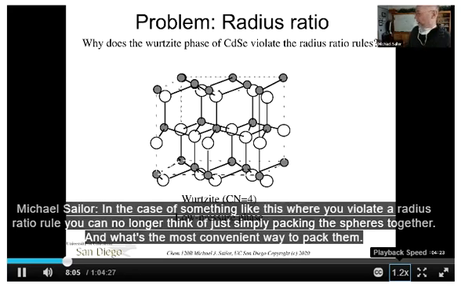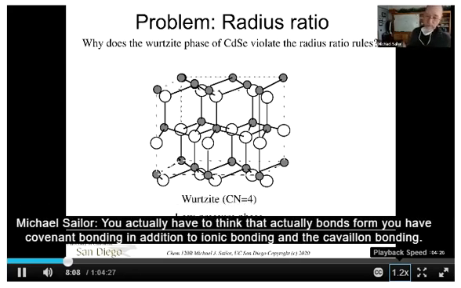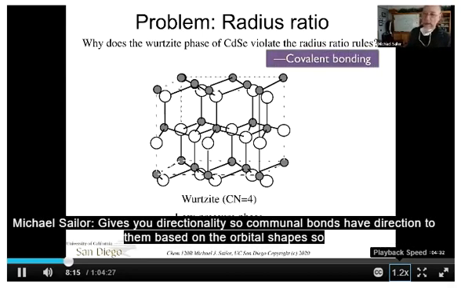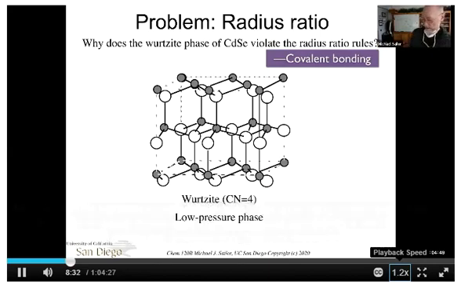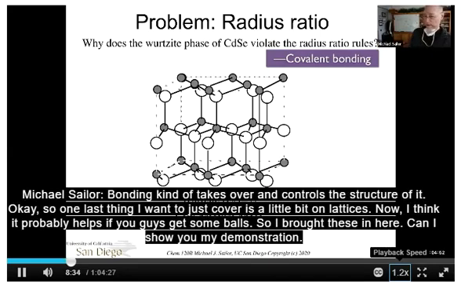You actually have to think that bonds form. You have covalent bonding in addition to ionic bonding, and covalent bonding gives you directionality, based on the orbital shapes. So radius ratio helps you with really ionic compounds, but even in some very ionic compounds, you may find that covalent bonding takes over and controls the structure a bit.